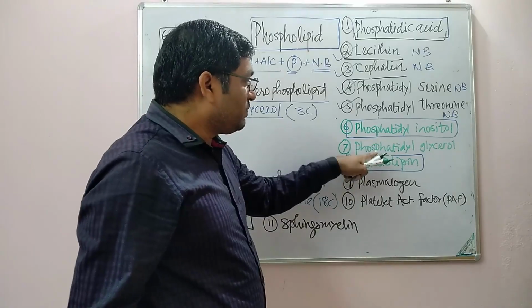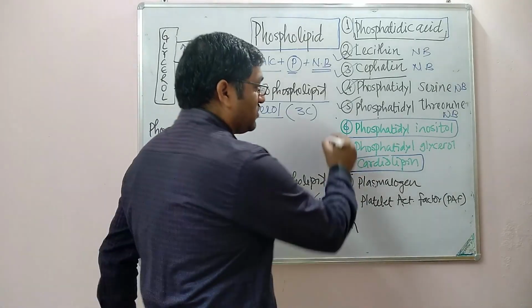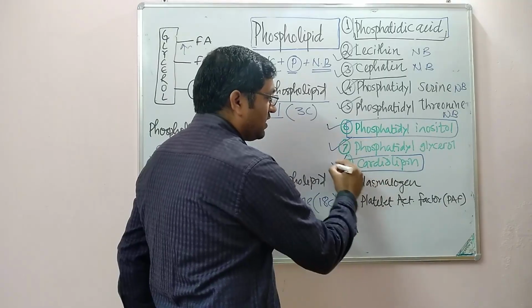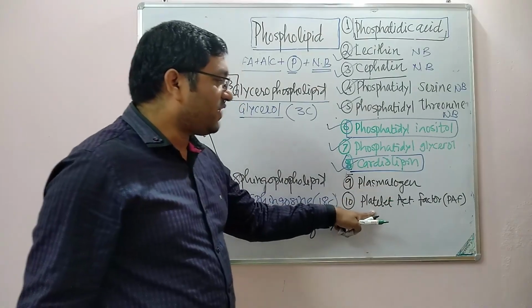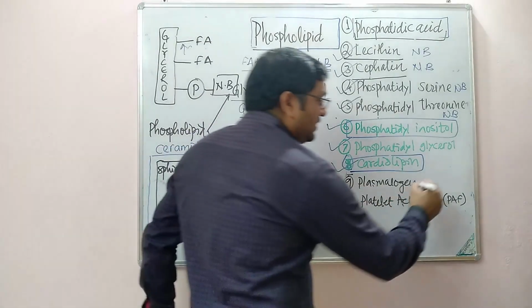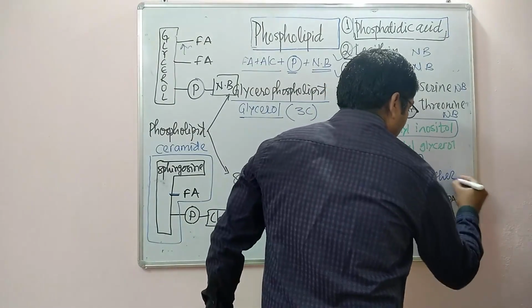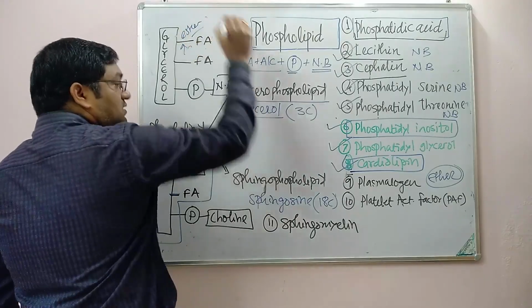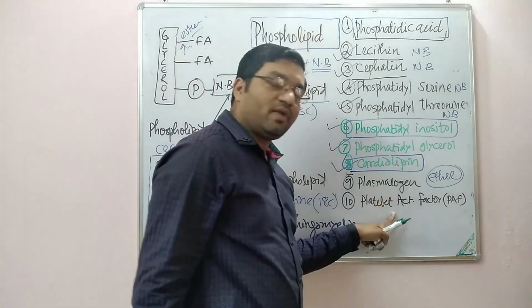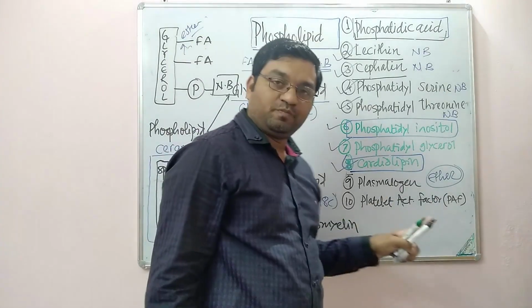Then these phospholipids do not contain nitrogen base: phosphatidylinositol, phosphatidylglycerol and cardiolipin. And plasmalogen and platelet activating factor contain ether linkage. Instead of ester linkage, there is ether linkage in plasmalogen and platelet activating factor.